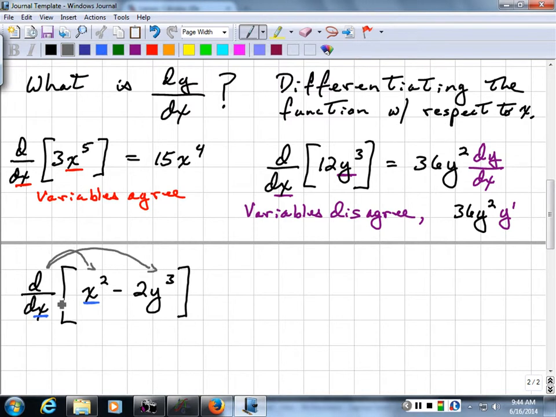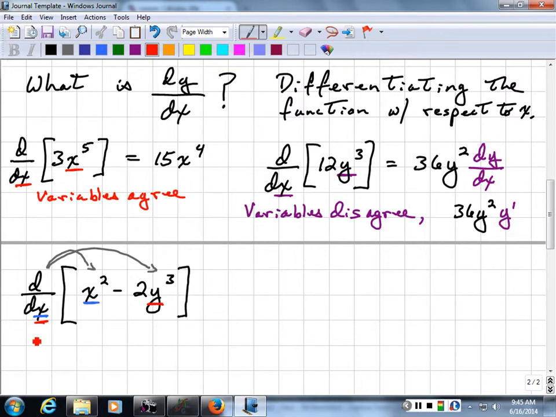No, I'm not using the distributive property necessarily, but I am using the difference rule, right? The derivative of x squared minus 2y cubed is the same thing as the derivative of x squared minus the derivative of 2y cubed. However, both of those must be taken with respect to x. And so I have a problem right there because the variables disagree.